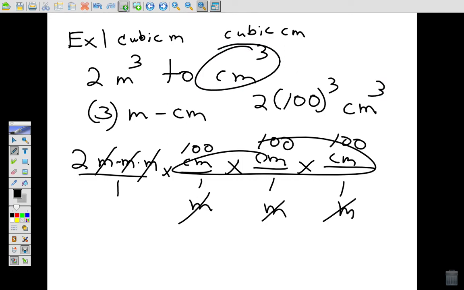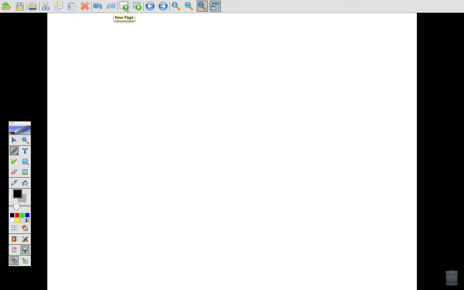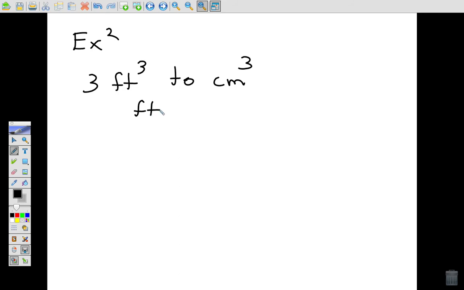Let's go over one more example. This time let's go 3 feet cubed, or 3 cubic feet, and let's change that to cubic centimeters. So we want to go from feet to inches, and then inches to centimeters. But since this is cubed, we're going to use each of those 3 times.